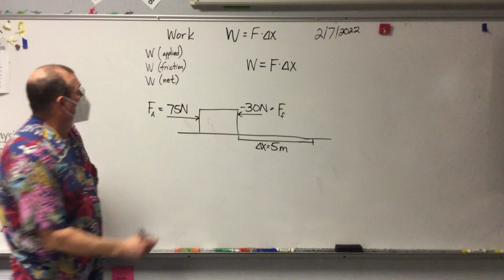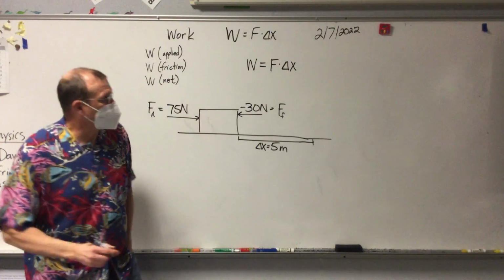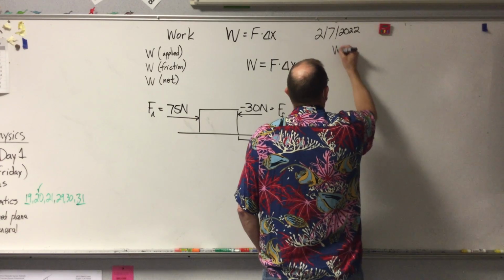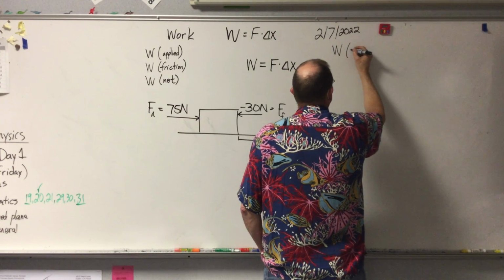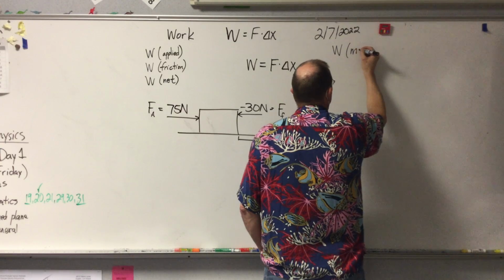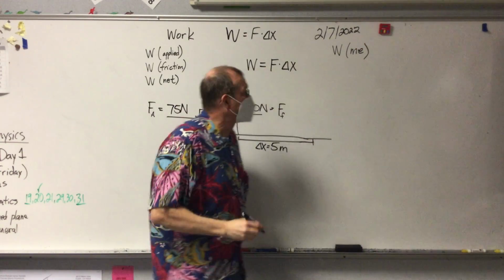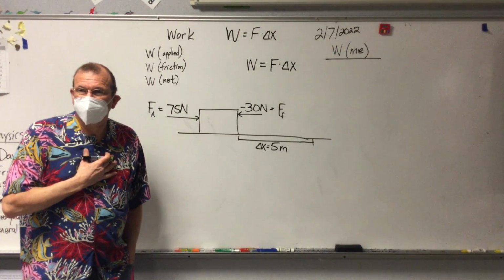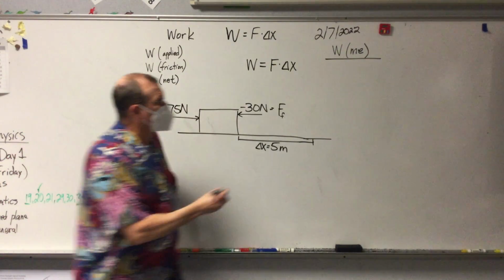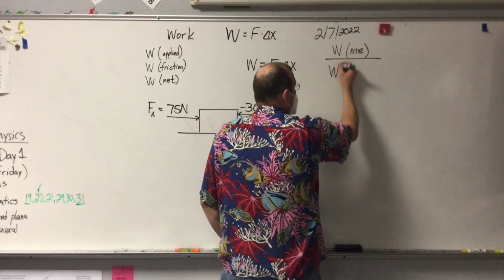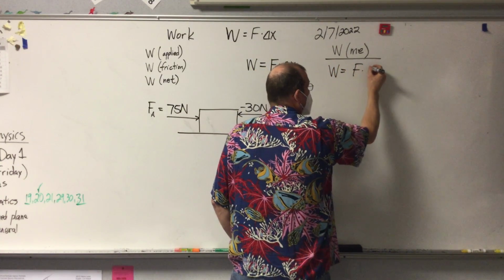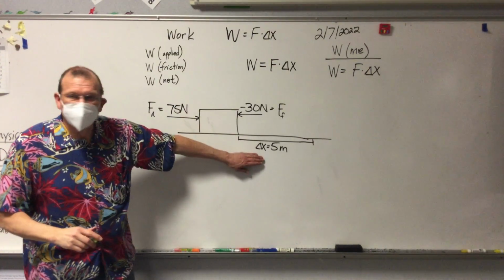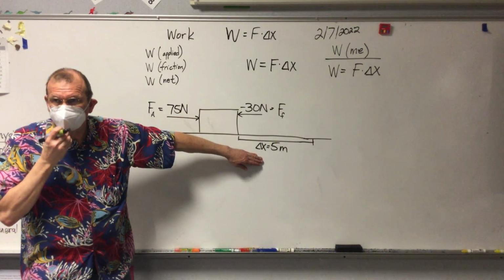Okay? Now, who's responsible? Let's start with this. And I'm going to change this up a little bit. I'm going to call it, how much work do I do? So if I'm worried about that work, and I know this is my equation, I already know that this box is going to move 5 meters.